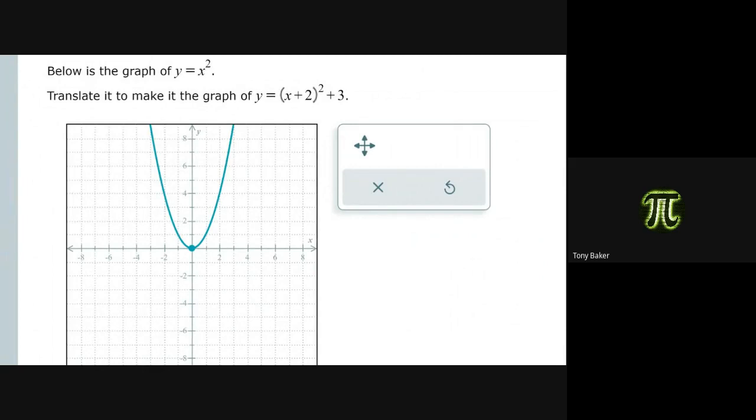All right, so what about this one? This one's got both, right? So do them one at a time. Inside the parentheses, we're going left 2, and then outside we're going up 3.